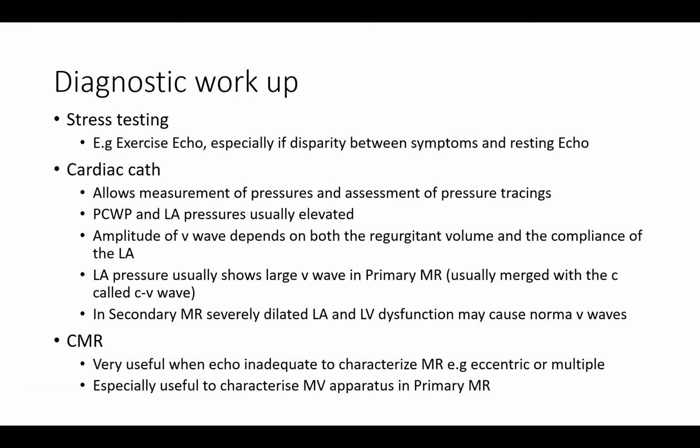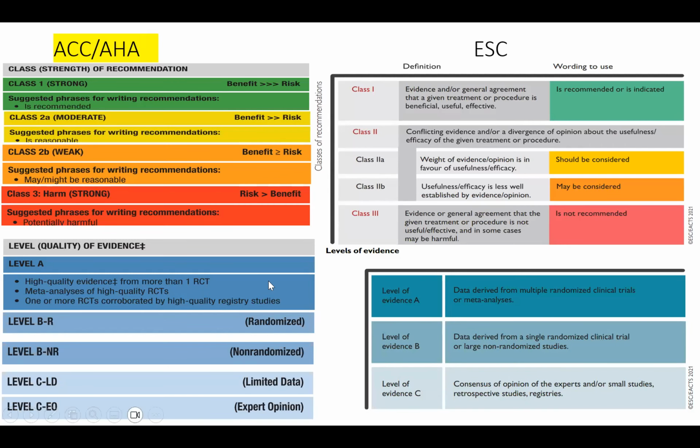So I should have shown this during the first part of the presentation for Emma, since we showed guidelines there. But still, I'm certain everybody on this platform is familiar, but I'd still like to revise. Of course, we know that there are classes of recommendation and the level of evidence that is used to make that class of recommendation.